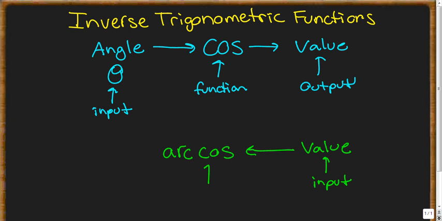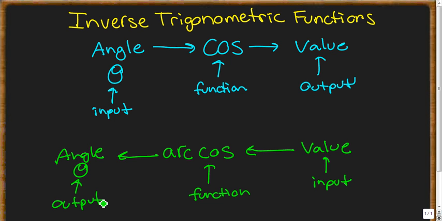So we plug it into arc cosine, which is also a function. So what this does is it takes a value and gives me an angle, which is an output. So the main idea here is that an inverse trigonometric function, which is this down here, the arc cosines, the arc sines, the arc tangents, and so on, they take a value and they assign it to an angle in a certain range, okay?